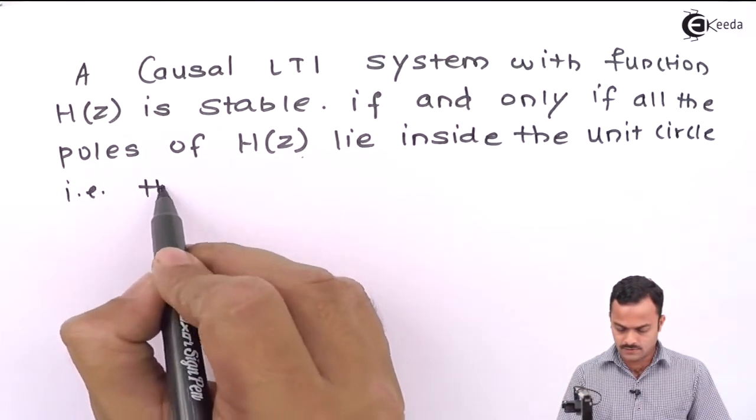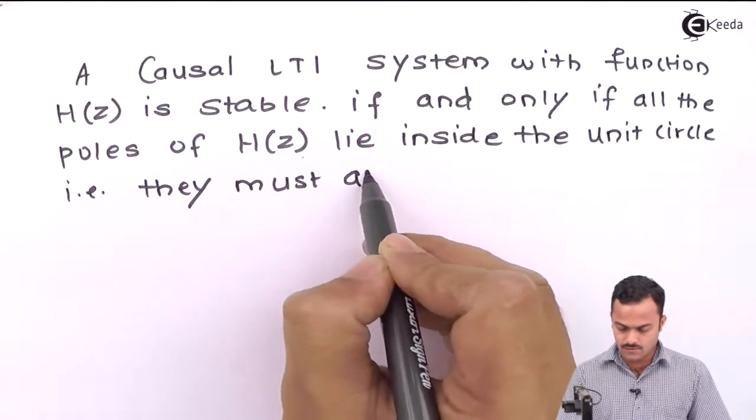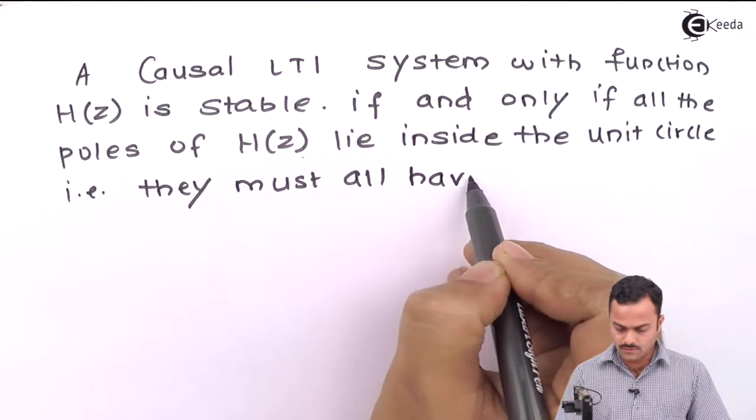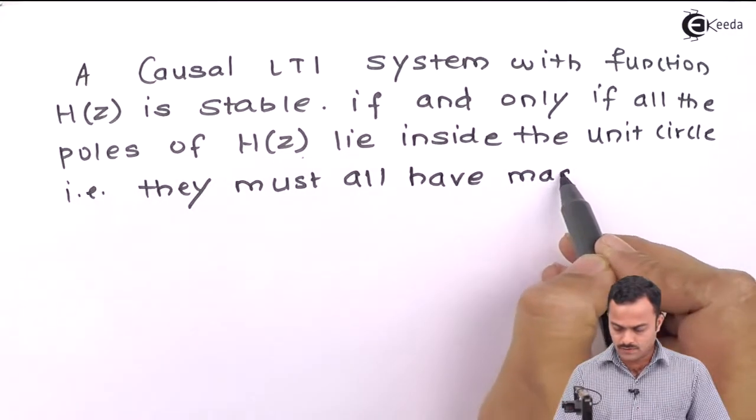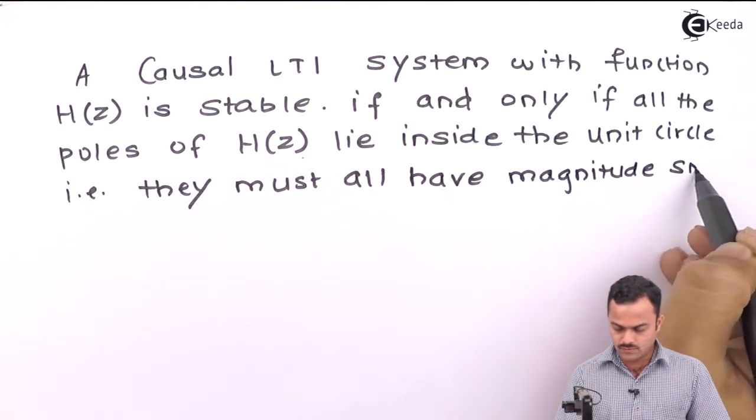That is, they must all have magnitude smaller than 1.